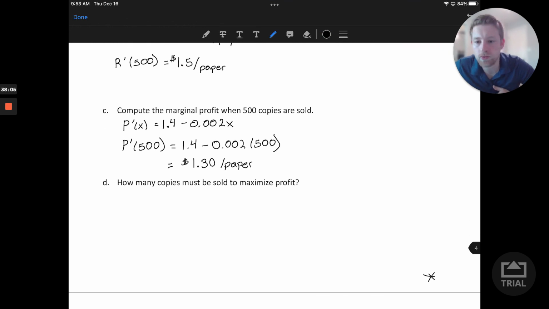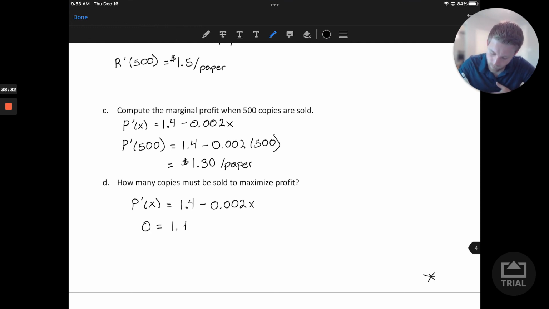The last thing we want to consider here, and this will finish up this video, is how many copies must be sold to maximize our profit. So now we want to consider, again, that marginal profit function we just found. And if I go ahead and set this equal to 0 to maximize my profit, I'll find the production level that will maximize. So 0.002X equals 1.4.